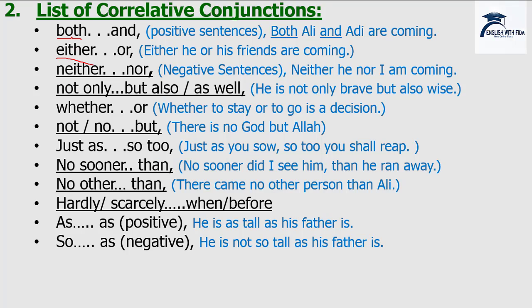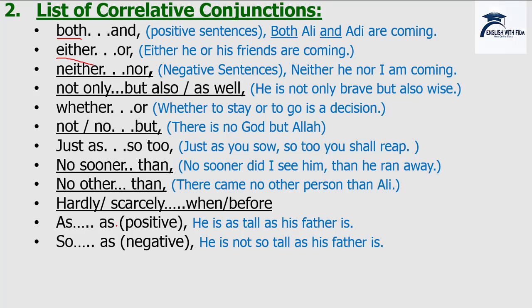First pair: after both we always use and, no other coordinating conjunction. Either...or, neither...nor, not only...but also, but as well, but to, whether...or, no sooner...than, no other...than, hardly...when, scarcely...before, as...as.